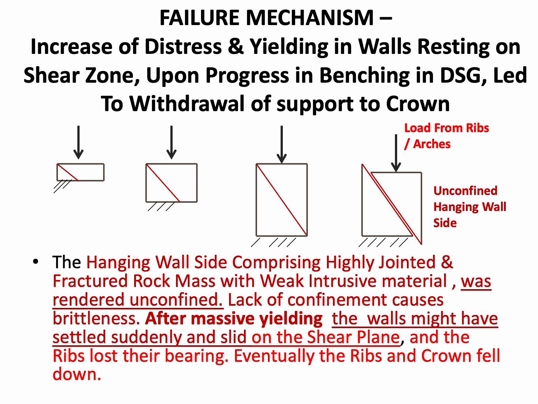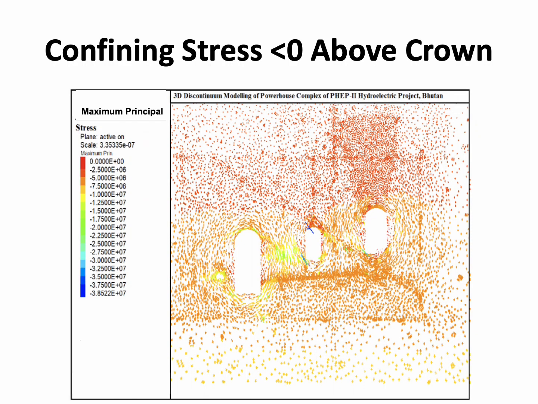The supports under the bearing had failed. The unconfined hanging wall slid on the shear plane, and the ribs and the crown fell down. The confining stresses are less than zero, as we saw earlier. This is producing brittleness and raveling.